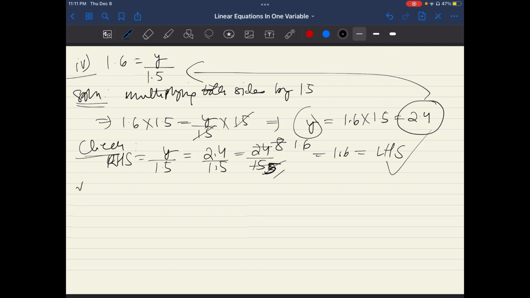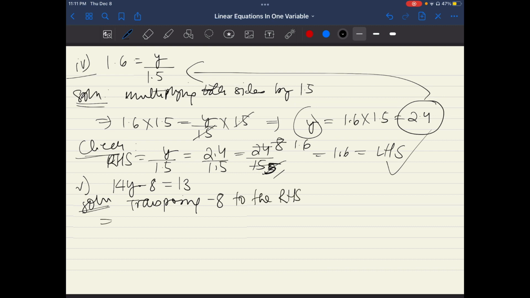Now, moving on, 14y minus 8 equals 13. In this case, we will start with transposing minus 8 to the RHS. We get 14y equals 13 plus 8, which equals 14y equals 21.